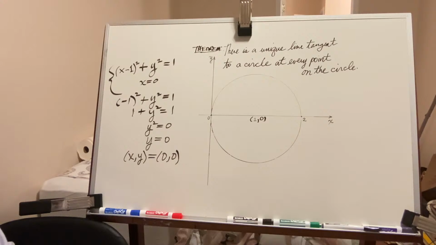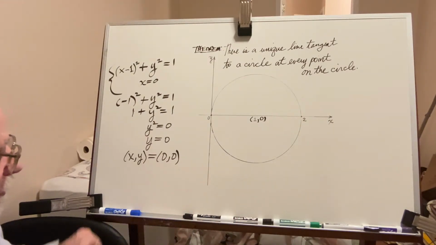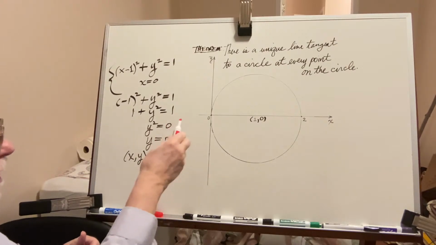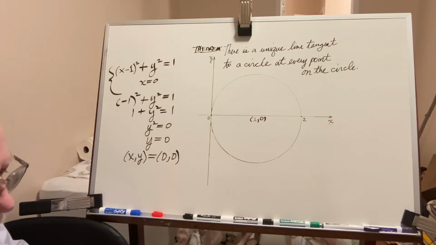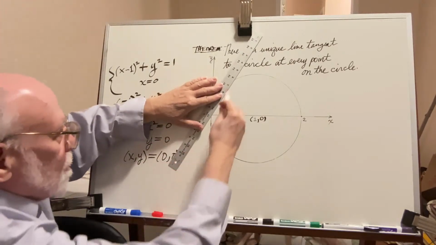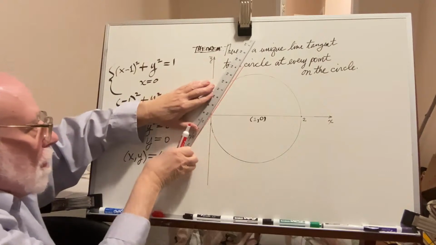However, we would do a more complete job if we were to consider every other line through the origin. And in order to do that, we'll just draw one.